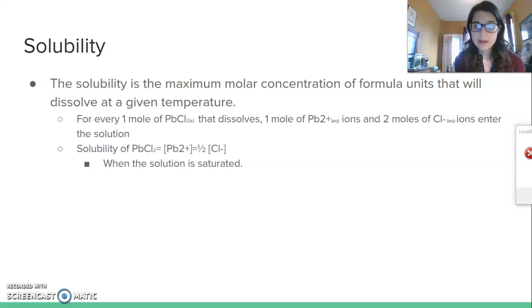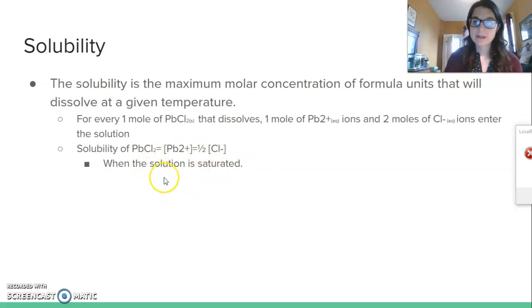The solubility of PbCl2 is equal to the concentration of Pb2+, since that's a 1-to-1 ratio between formula unit and ions. And it's equal to 1/2 the concentration of Cl-, since for every 1 formula unit, we get 2 Cl- ions.